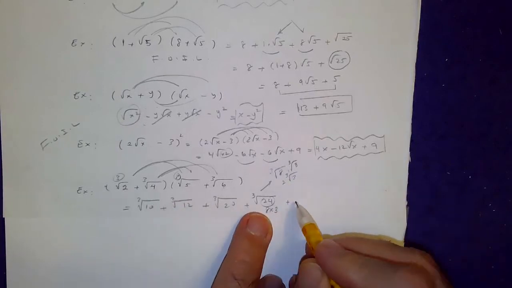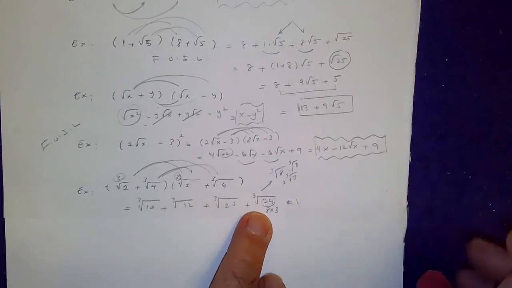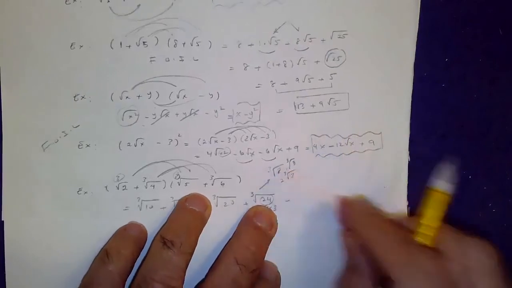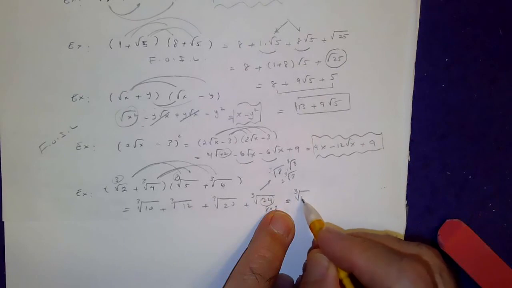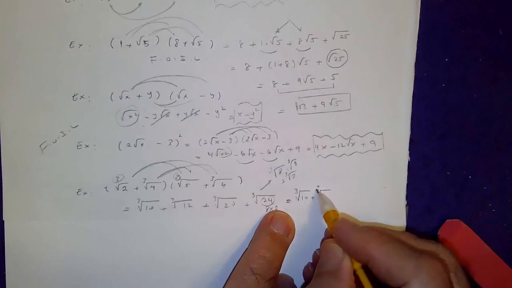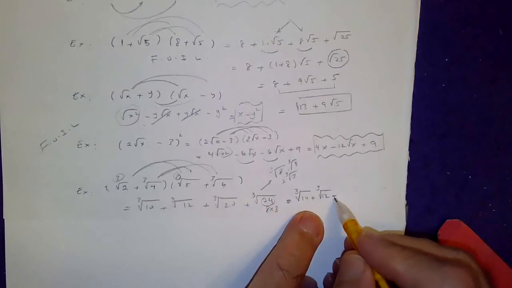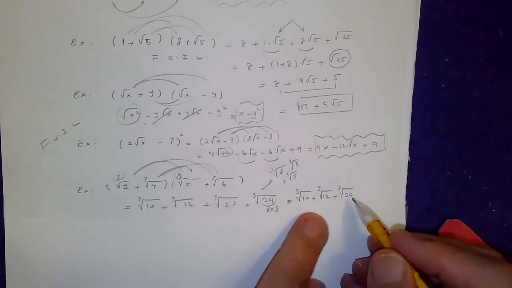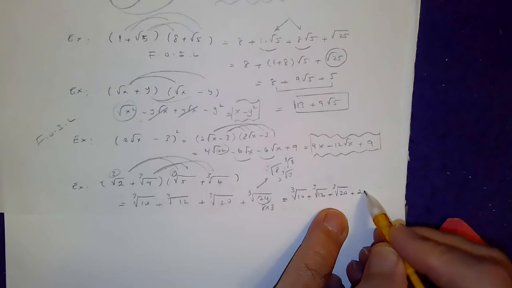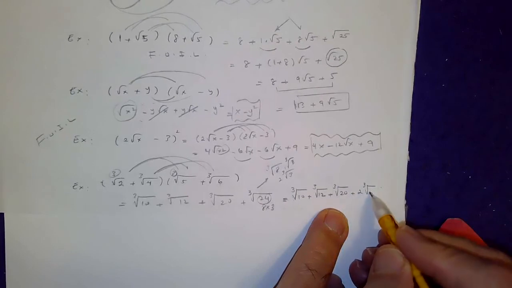So the final answer is, what's the final answer? Let's just write the final answer for this problem. It's cube root of 10 plus cube root of 12 plus cube root of what? 20 plus 2 cube root of what? 3.